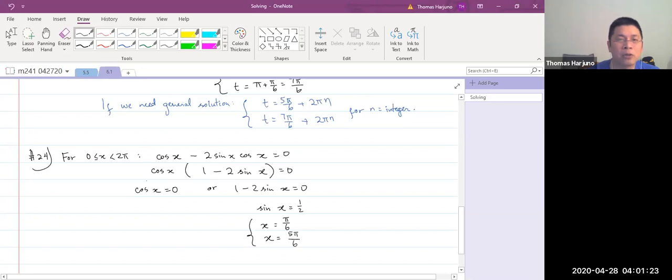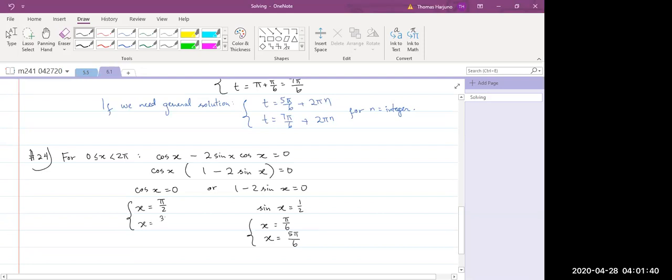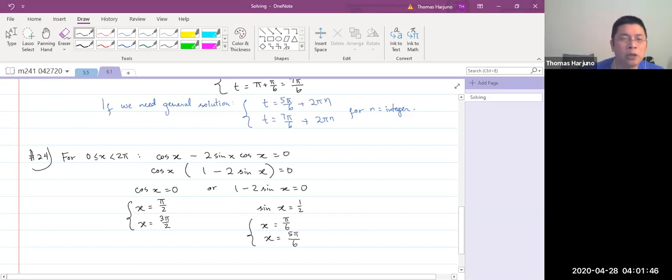Now, how about cosine x equals 0? What will x be? Pi over 2, and what else? 3 pi over 2. Okay, that's all the solutions in this interval.